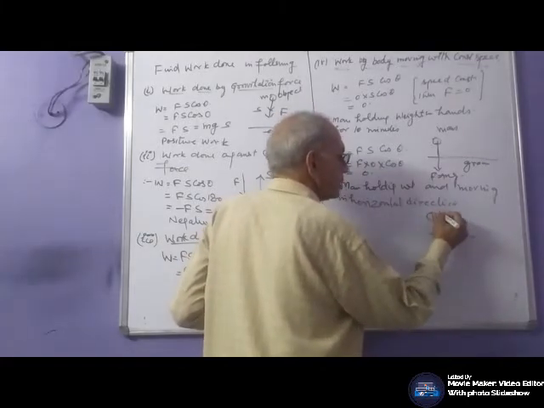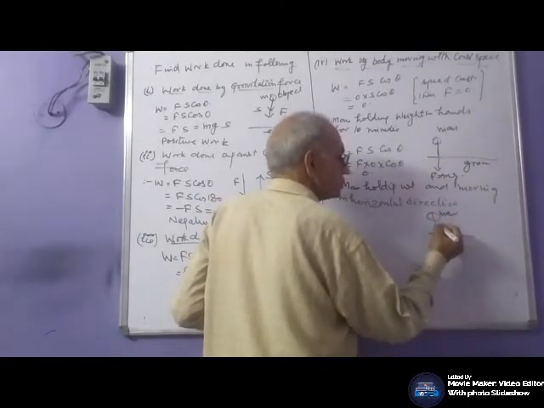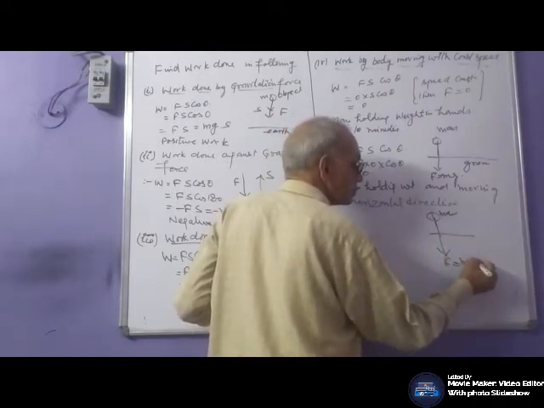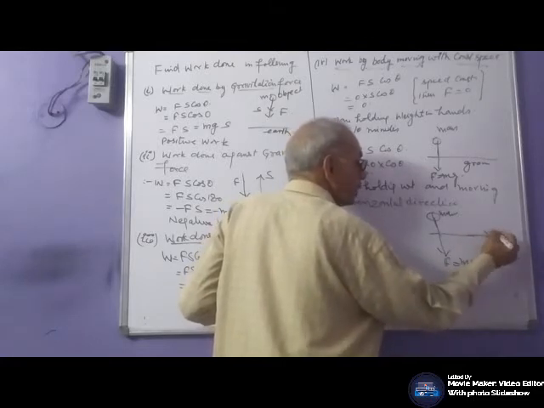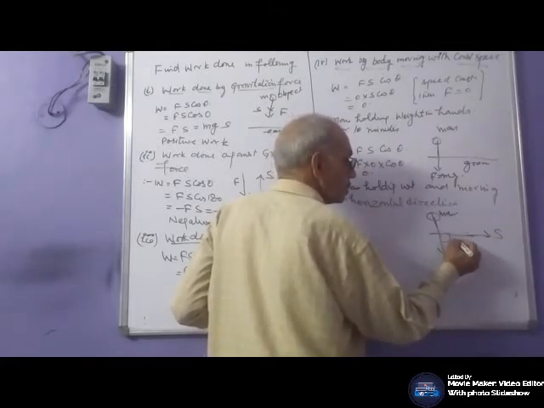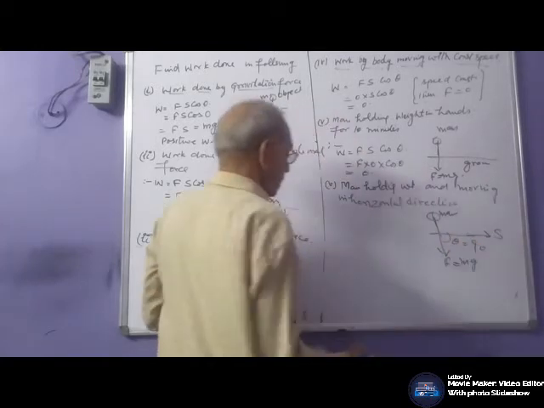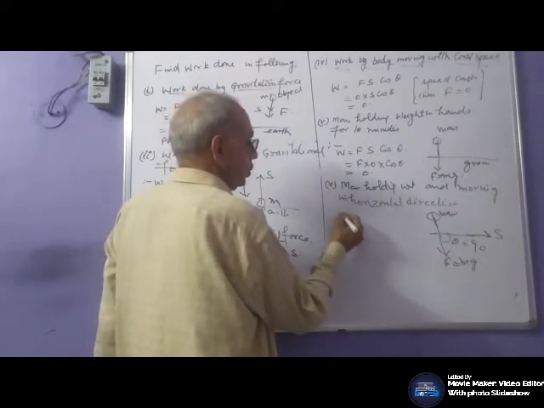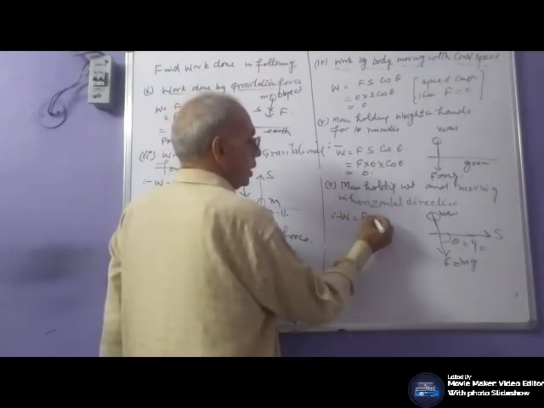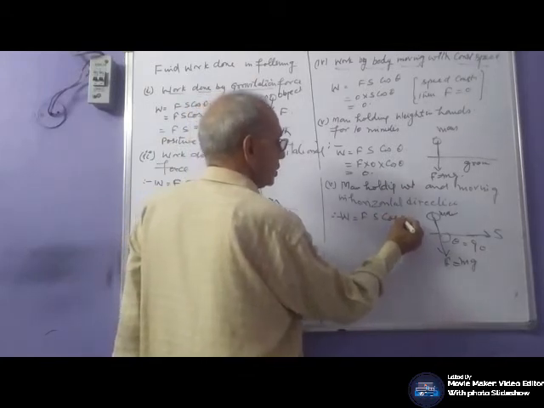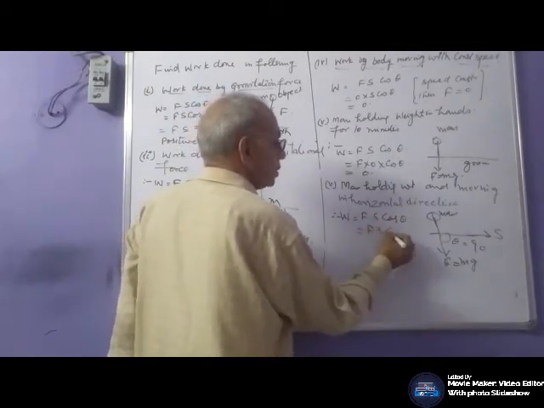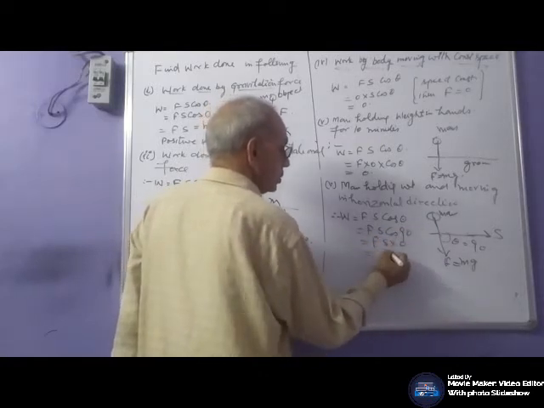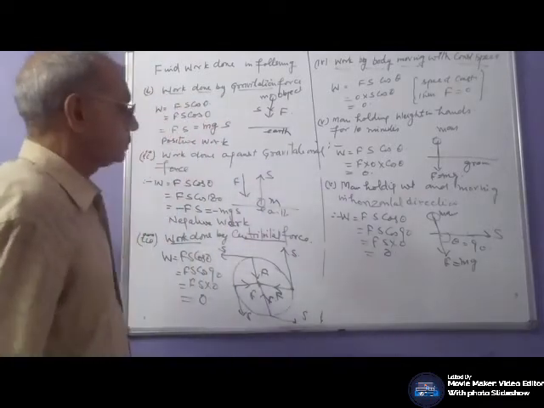Again, this is the man, this is the weight, and he is moving in this direction. So theta is what? 90. W again, Fs cos theta, it is Fs cos 90. He is doing no work.